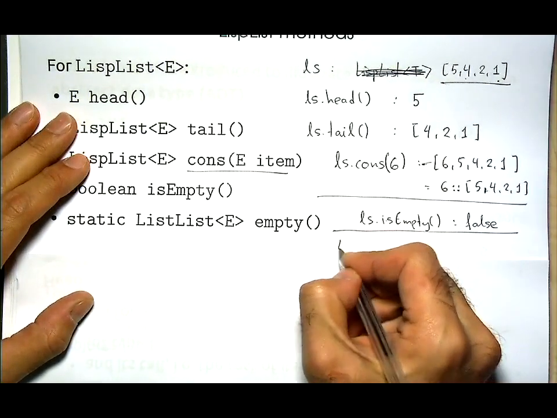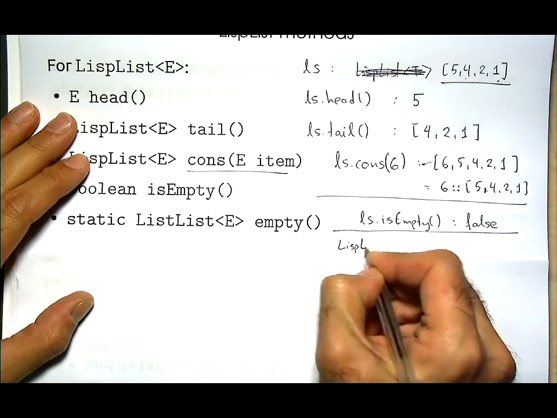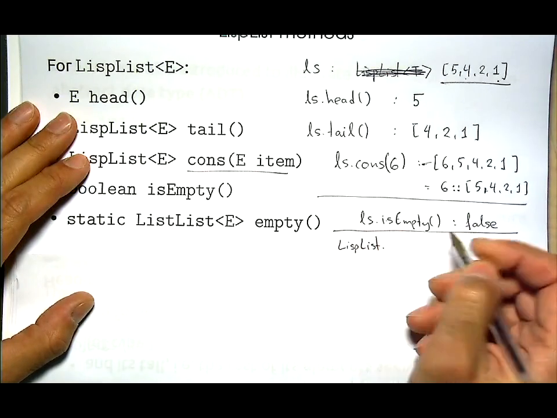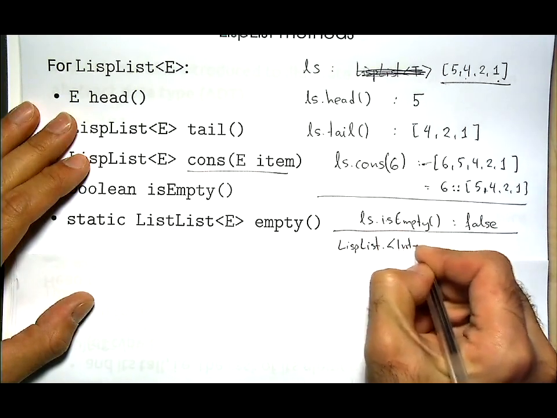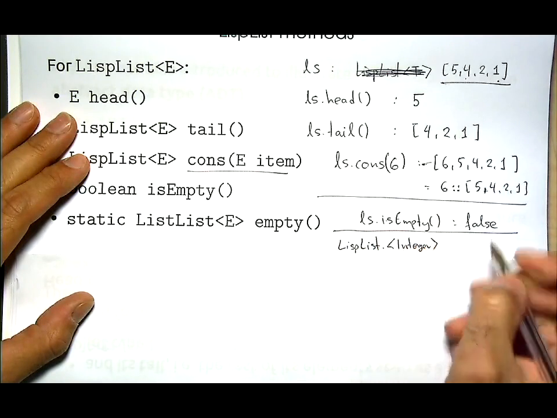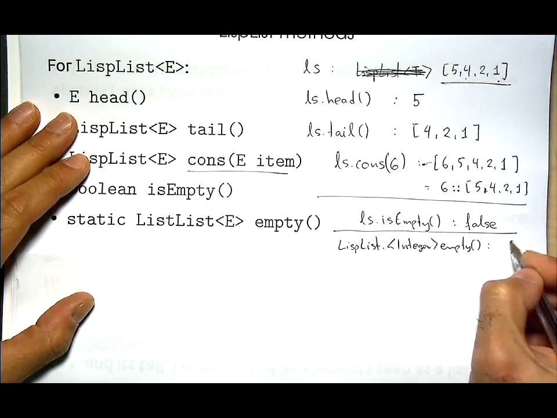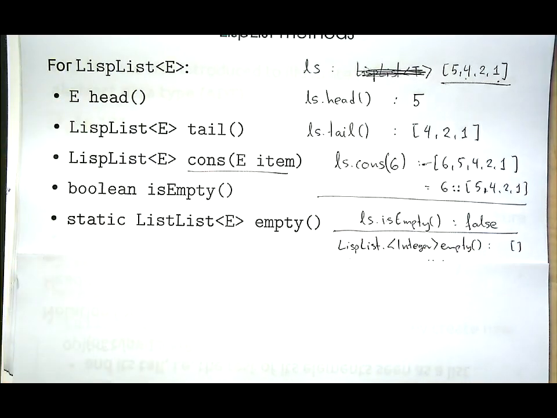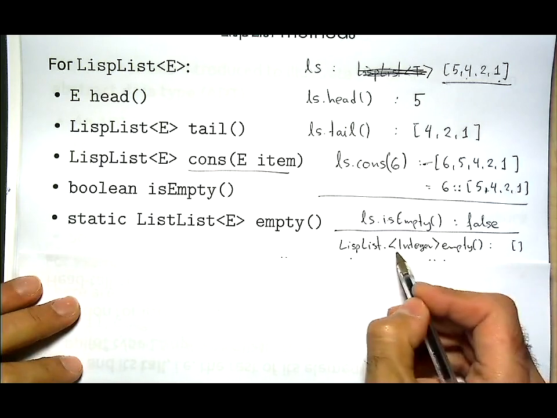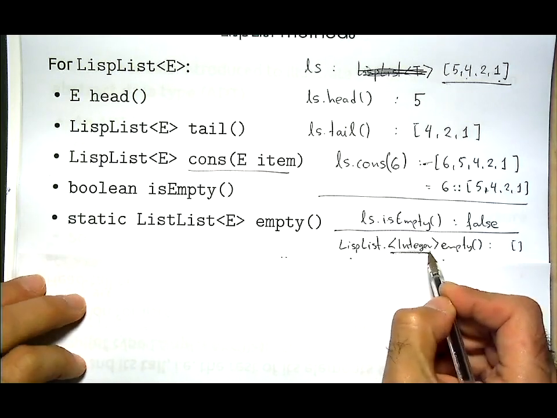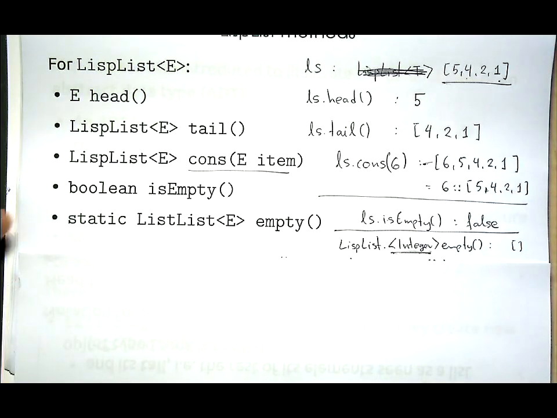So if I say List, I don't know, integer, empty, this will return an empty list of type integer. Okay? Sometimes I will be dropping the type notation here, leaving it to the compiler to figure this out.